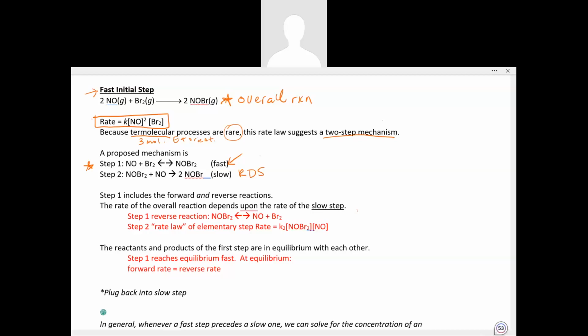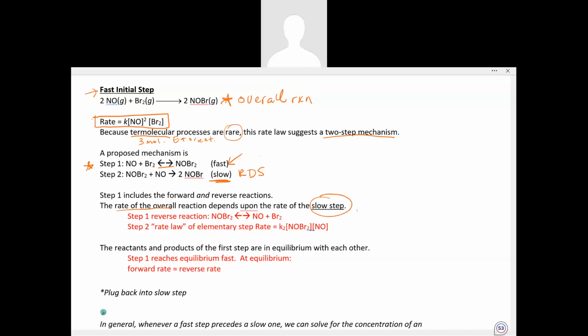So at equilibrium, we know in step 1 here that both the forward and the reverse reaction will be happening at the same time at the same rate. So our first step implies that we reach equilibrium quickly. The rate of the overall reaction, rather, depends only on the slow step.